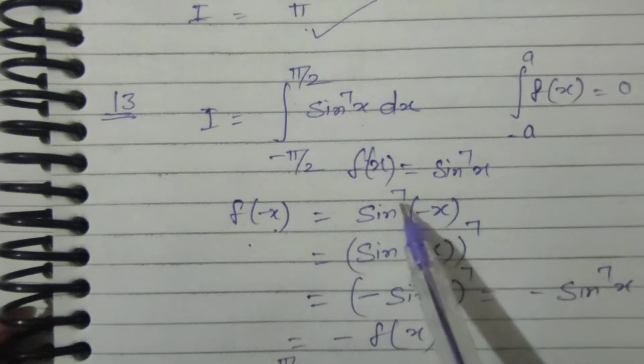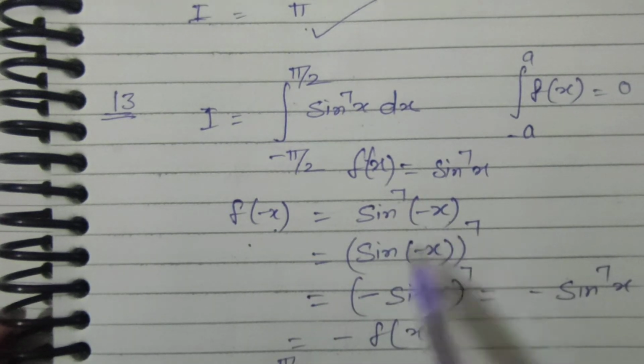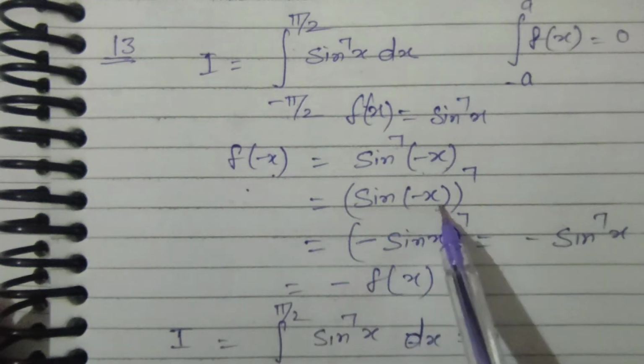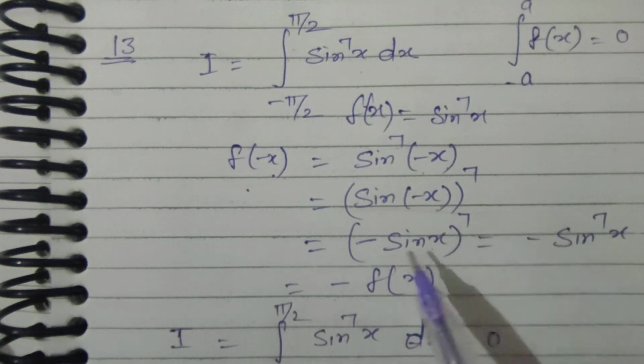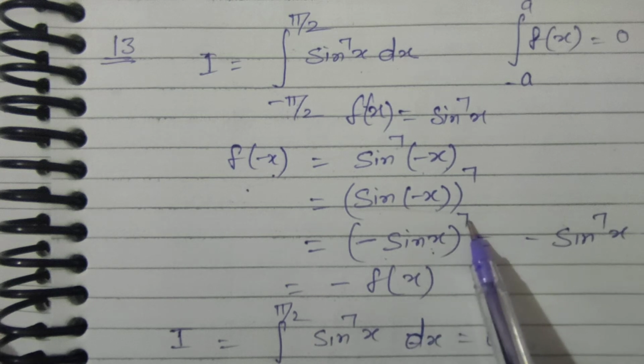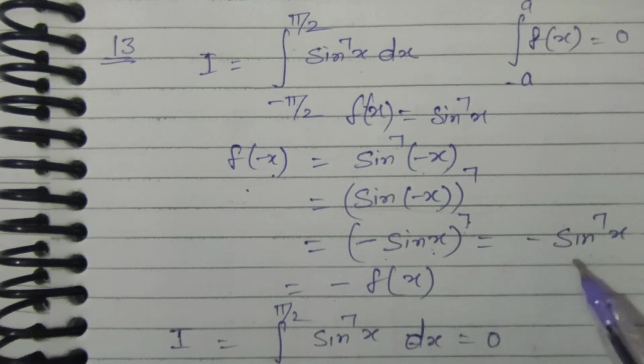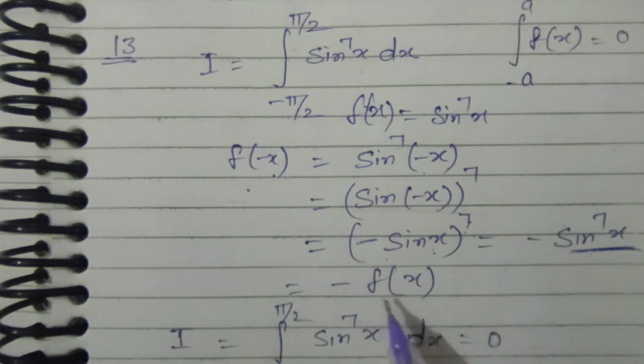F of minus x will be sin raised to power 7 of minus x. It is sin of minus x whole raised to power 7. Sin of minus theta is minus sin theta. So it is minus sin x raised to power 7. 7 is odd, so it is minus. So this is f(x), so minus f(x).